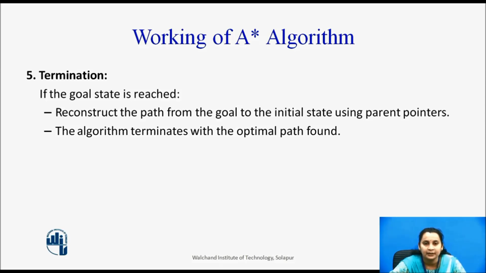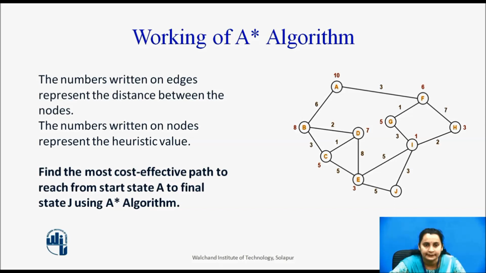The algorithm terminates with the optimal path found. The h value plus the g value is f of n, and that f of n will be the final estimated cost or distance of our optimal path.